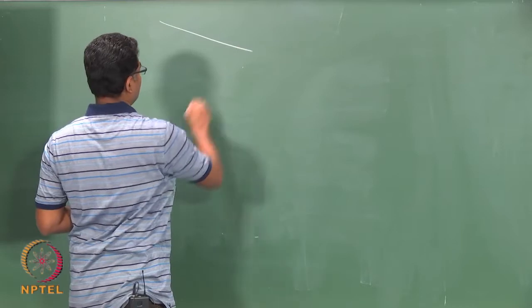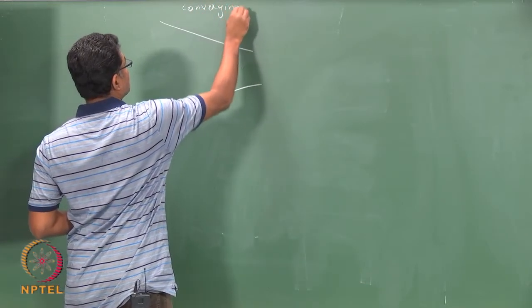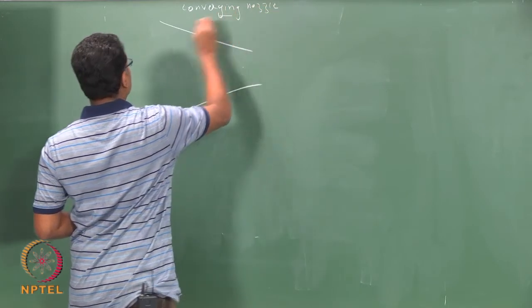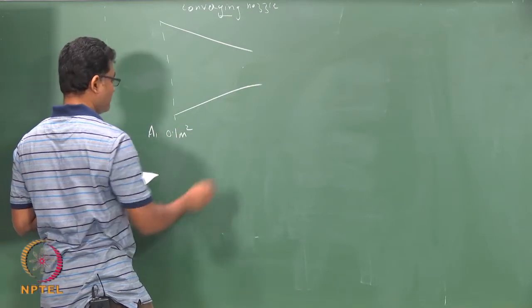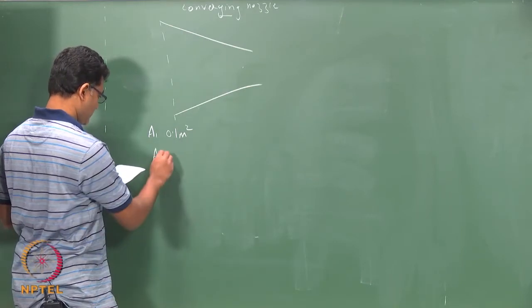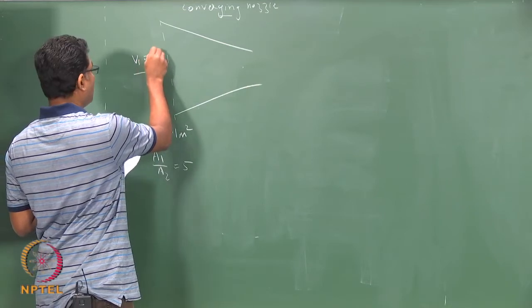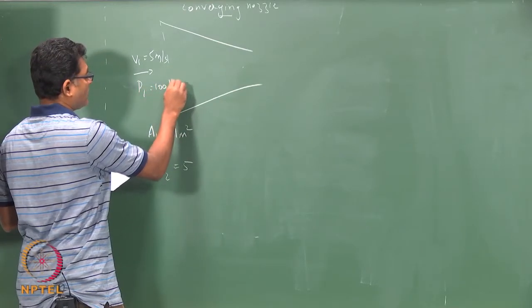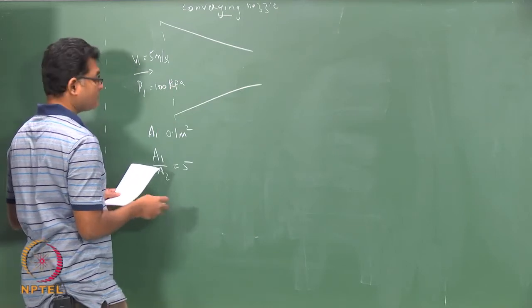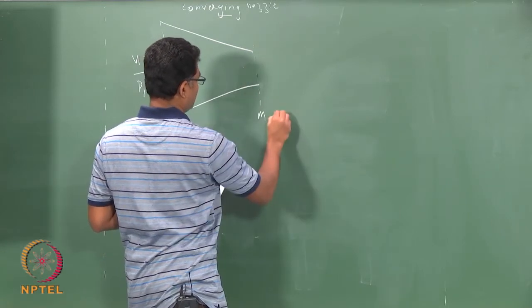So, next question is, I have a nozzle, inlet area is 0.1 meter square and the contraction ratio A1 by A2 is 5, V1 is 5 meters per second, P1 is 100 kilopascal, M at exit is 1.